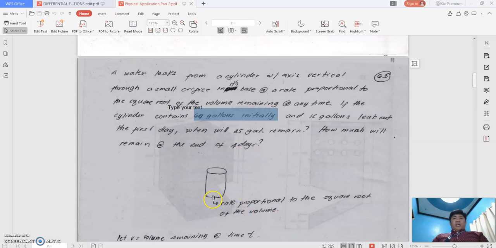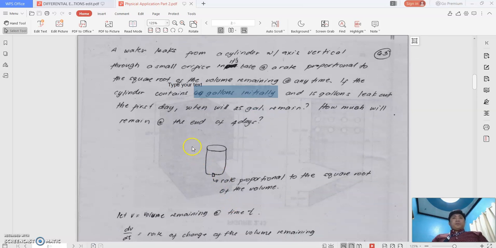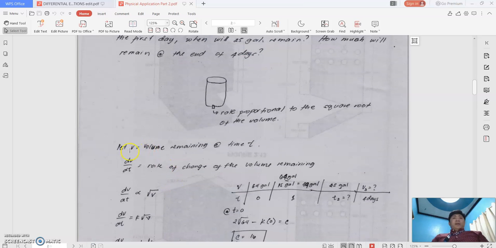It leaks a little water, maybe because it is damaged. So from here, your V, the volume, is the one that will change, the volume of water remaining at time t.